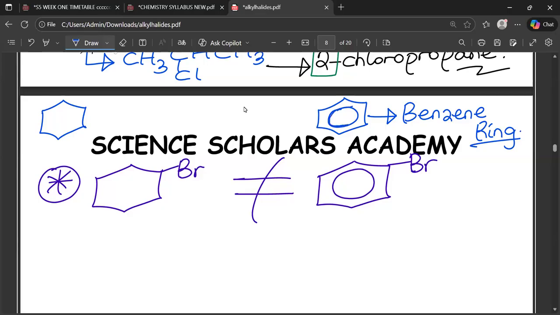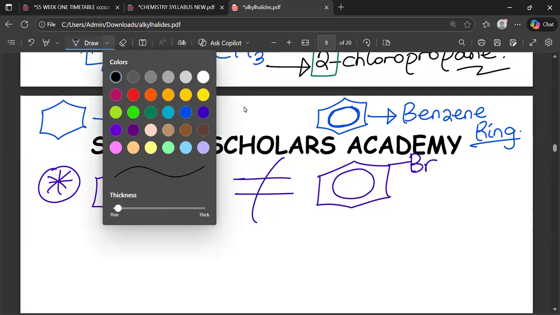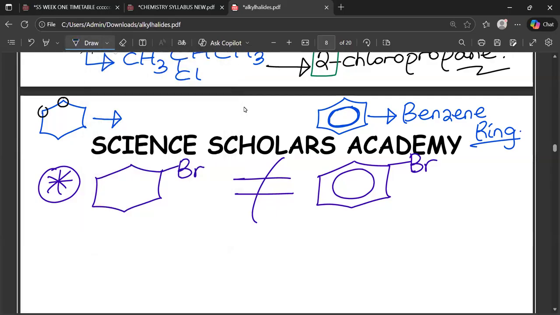Because of the ring inside, basically. This one is hexane. Why hexane? It has 6 carbons. You people know the hexagon. It is a 6-sided polygon. It has 6 faces.